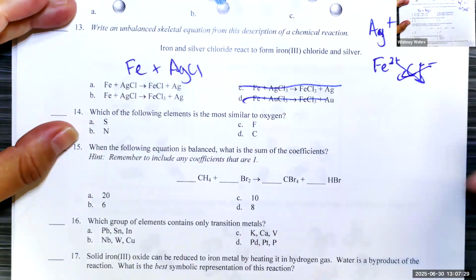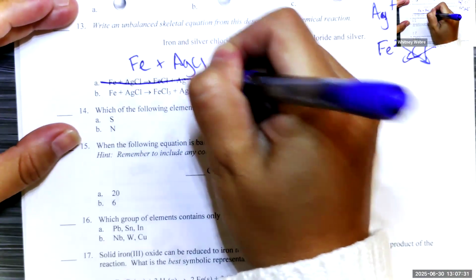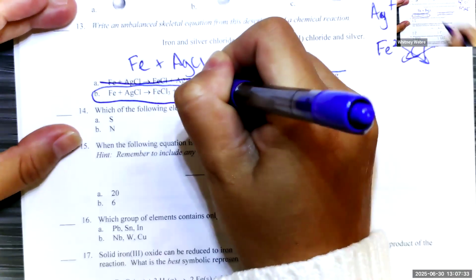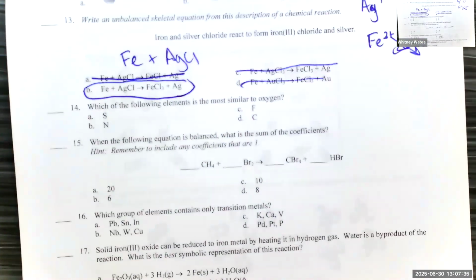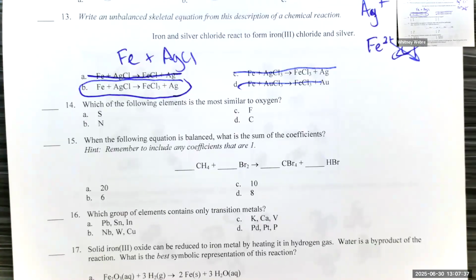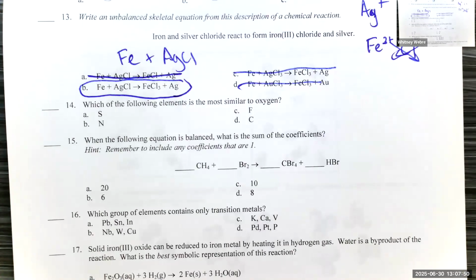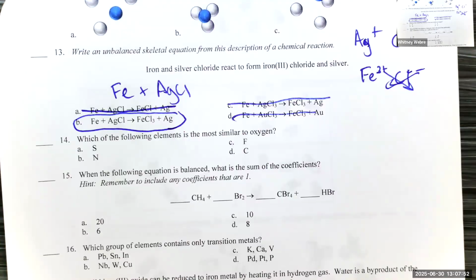This one does require a crisscross, so iron chloride will look like FeCl3. I just eliminated as I went, but you can also write out the equation and see what makes sense. Just make sure that you double check the charges to have a balanced reaction, because if you just left this as FeCl, you can see how if I asked you to balance it, it would be a giant mess. Let's balance it.